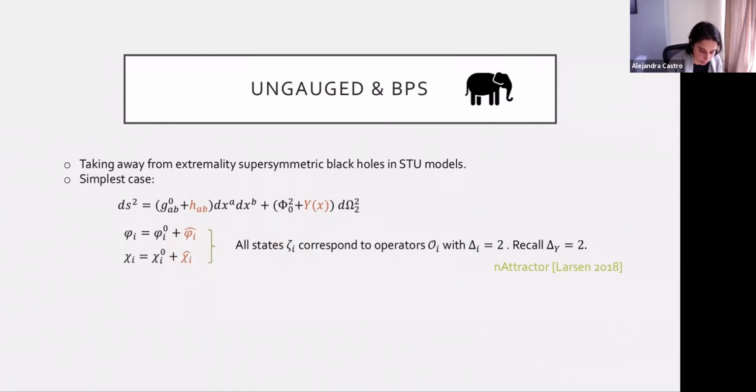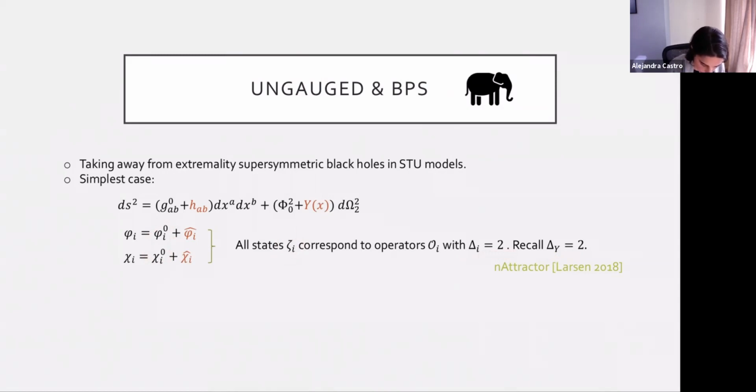Now, this is very related to what Finn Larsen back in 2018 called the N-attractor mechanism. Recall that our favorite Y field that appears in JT gravity also has conformal dimension 2. It's interesting to see that these moduli start at an attractor point, at a constant value, and because they both have conformal dimension 2, they both grow in the same way in r.